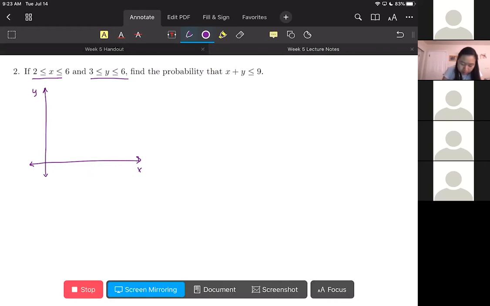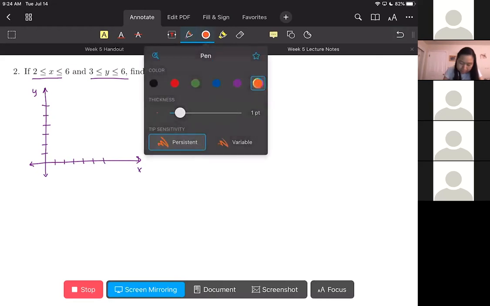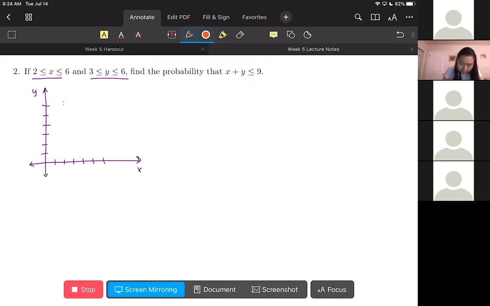So if 2 is less than or equal to x and x is less than or equal to 6, then what does that look like in the plane? It basically means that x is between 2 and 6, and y is between 3 and 6. So that means we're picking a point within this rectangle.